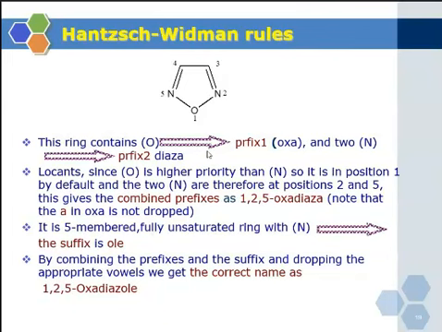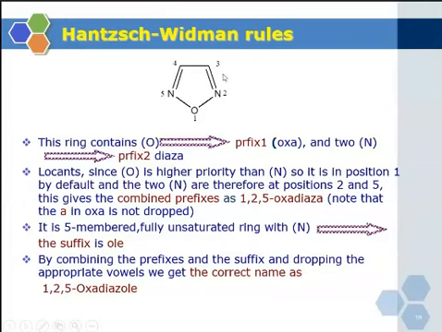Only when two vowels come back to back or adjacent to each other is the vowel attached to the first prefix dropped. Here there is no question of two vowels, hence everything is written as it is.